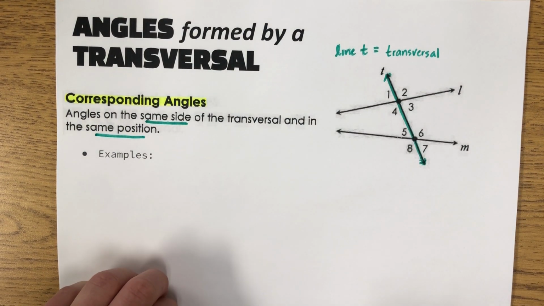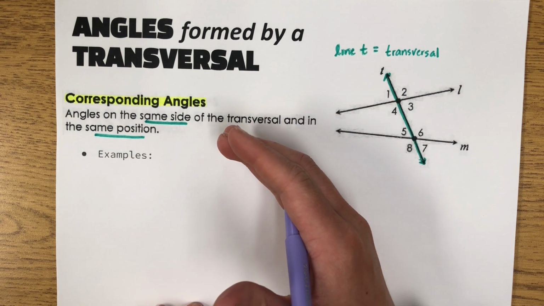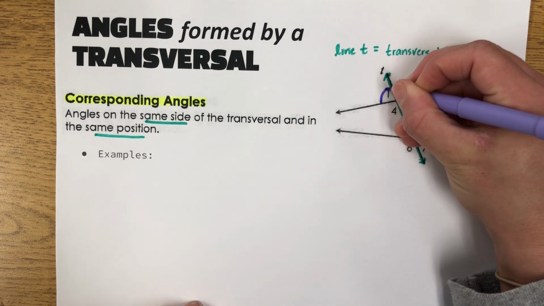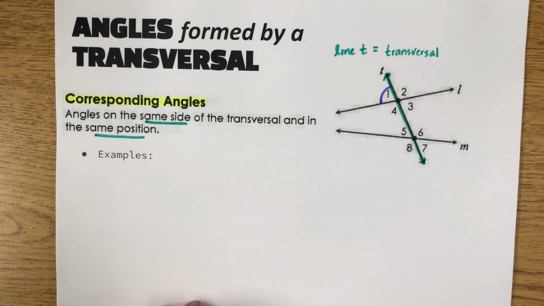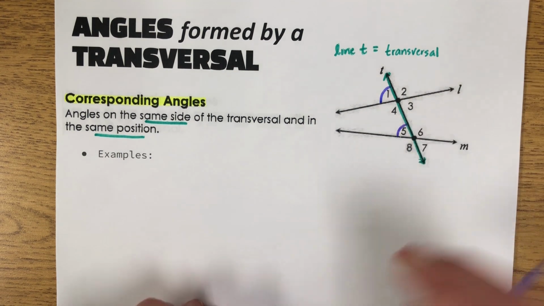So let's look here and see which one would be considered the corresponding angle with lines L and M. Okay, so the first one we can look at, they're on the same side of the transversal and in the same position. So we can look at angle 1 corresponds with angle 5.